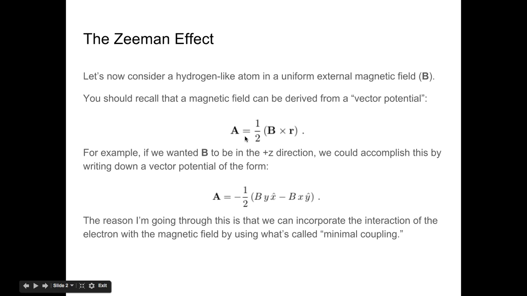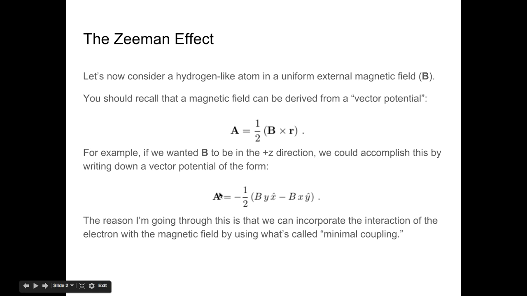And that vector potential, we can actually invert it and write the vector potential in terms of the magnetic field. Okay, so if we wanted the magnetic field, say we want to align it in the z direction, then we could accomplish this by writing down a vector potential that has components in the x and the y, right? Because this thing is going to get crossed. Because when I take the curl of this thing, which is going to give me the magnetic field, it'll give me back out a magnetic field pointing in the z direction, right?